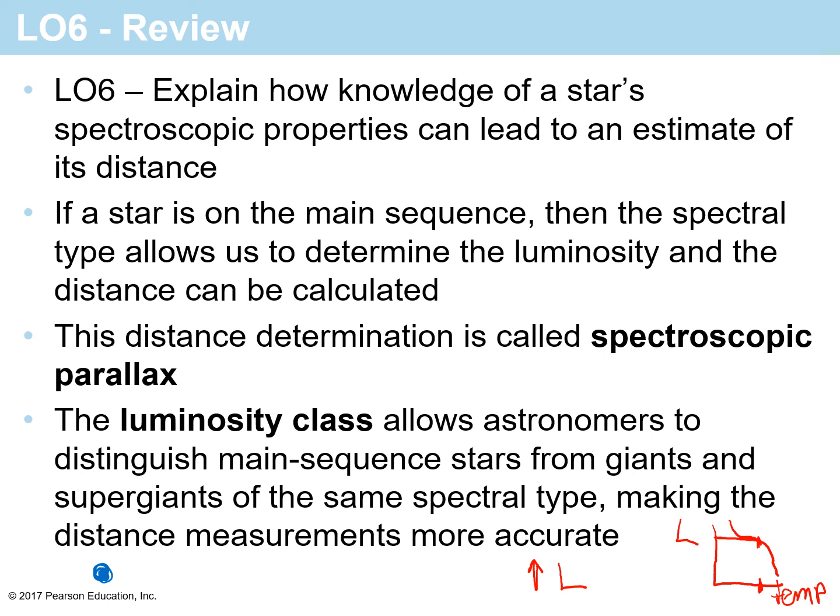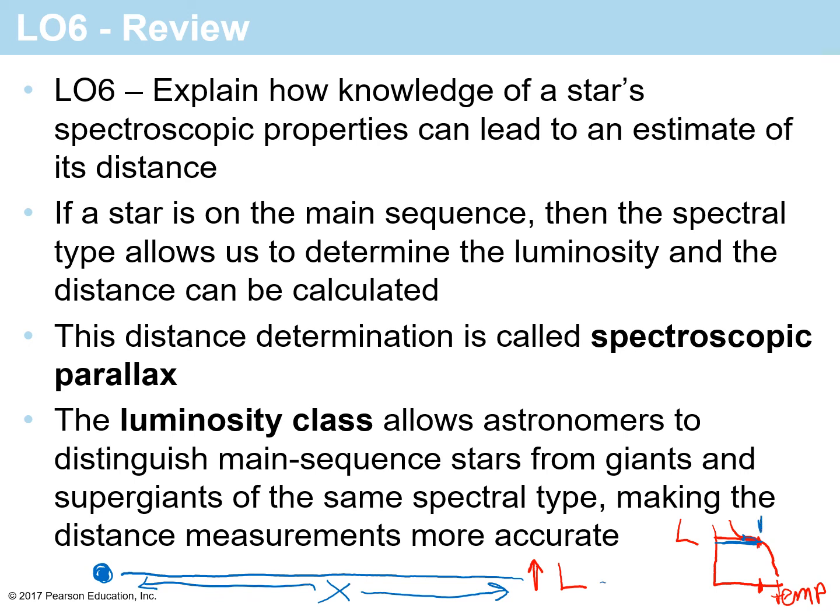So we know it's a super, super bright star. We know it's a bright star because it's up here on the top where luminosity is high, but it's very, very far from Earth. So since we know the luminosity, we now have an equation where we can calculate what this distance is.